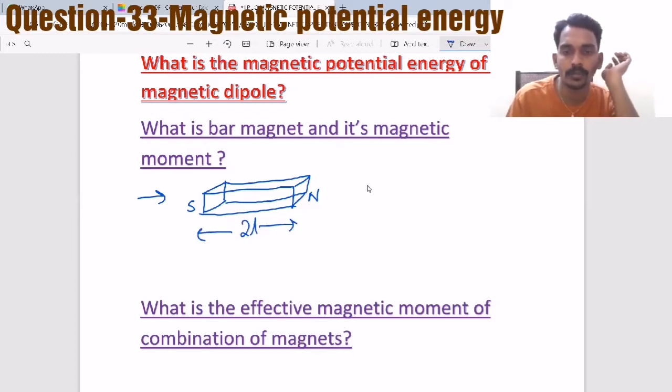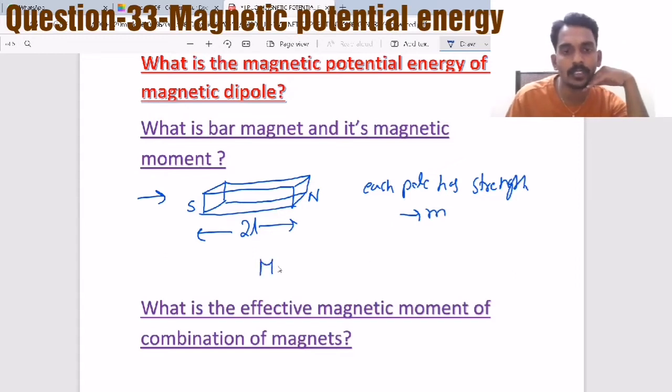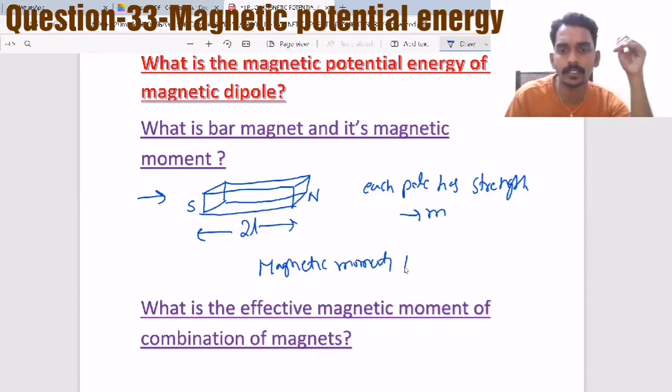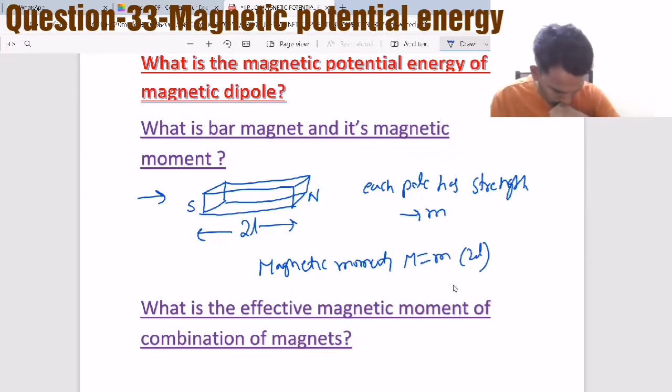Each pole has a strength called M, the pole strength, so we define magnetic moment as pole strength times the distance between the two poles. This is the basic definition, and you can also understand the south pole as a magnetic negative charge and the north pole as a magnetic positive charge.